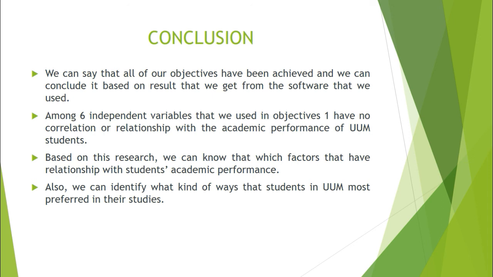Based on this research, we can know which factors have a significant relationship with students' academic performance. Also, we can identify what kind of ways students in UUN most prefer in their studies.